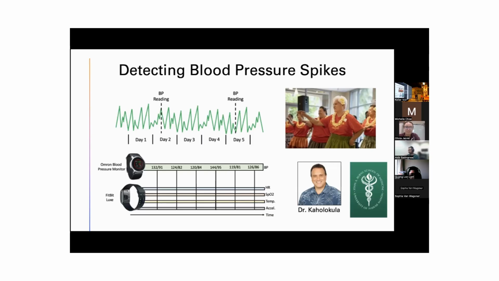This study showed that hypertension was reduced by about 18 millimeters of mercury on average in this cohort of people who did this HULA intervention. It's hard to know the causal reason, but likely a lot of that's due to stress. When you're chronically stressed, your blood pressure goes up, and that's not good.